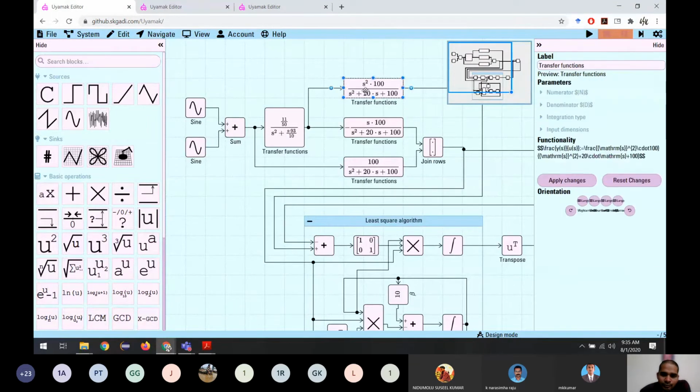So what we do is put in filters. These are like low pass filters with some differentiation. If we multiply with S, it is like differentiating once. If we have S square, we are differentiating twice.